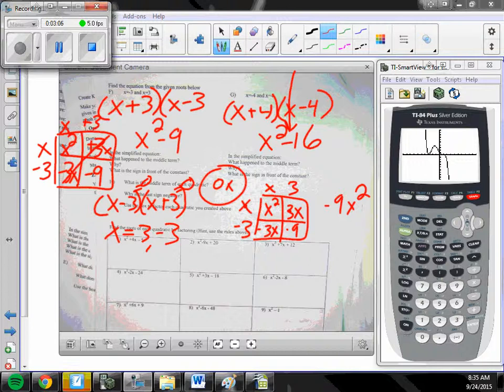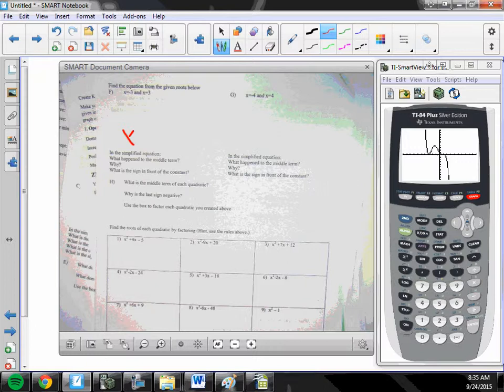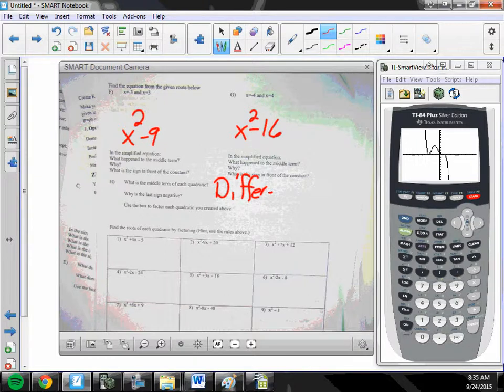Now, these have special names. Whenever you have something like x squared minus 9 or x squared minus 16, these are called a difference of perfect squares.